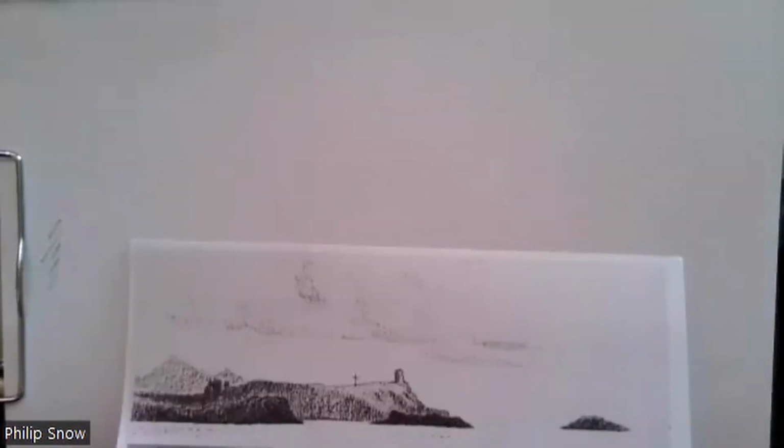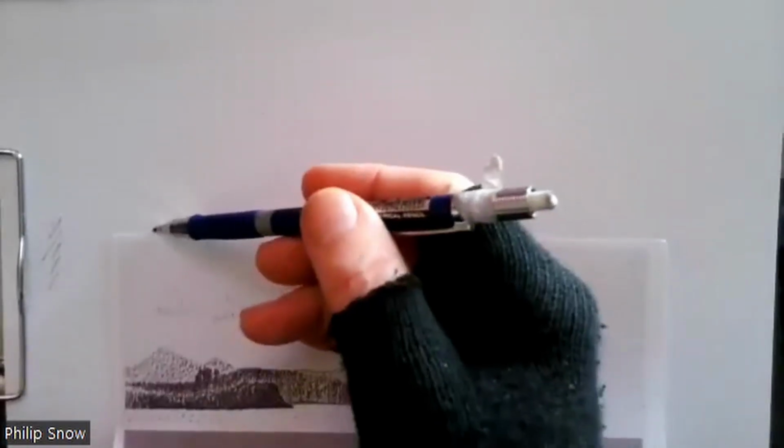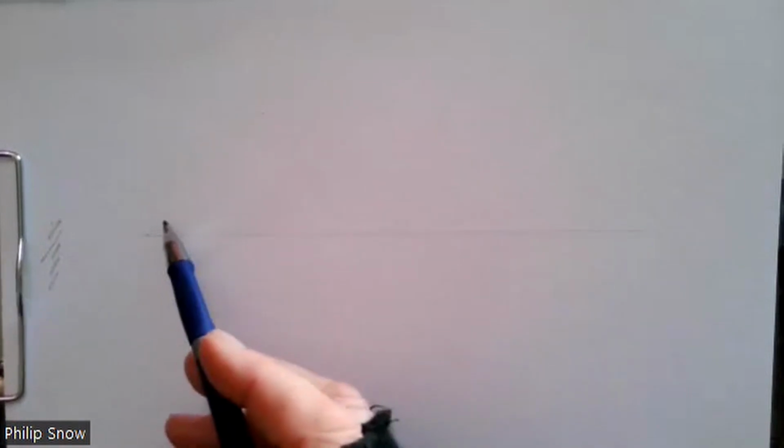Okay. So roughly in the middle here, I'm going to do just a straight line. You can actually use a ruler if you like. Now, I've drawn that quite pale. I better do that a bit stronger, otherwise you won't be able to see it. And I'm going to do the main shape of the island, which is roughly this sort of shape.